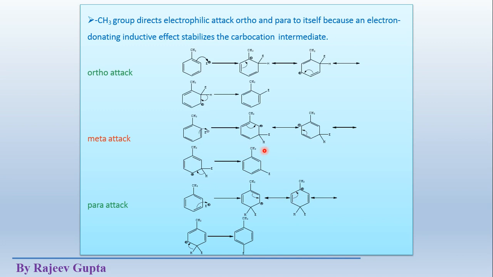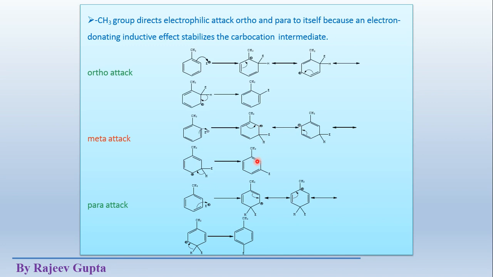But in the case of meta attack we don't get this type of carbocation where the carbocation nature is 3-degree, and we know that a 3-degree carbocation containing species is more stable compared to other types of species.